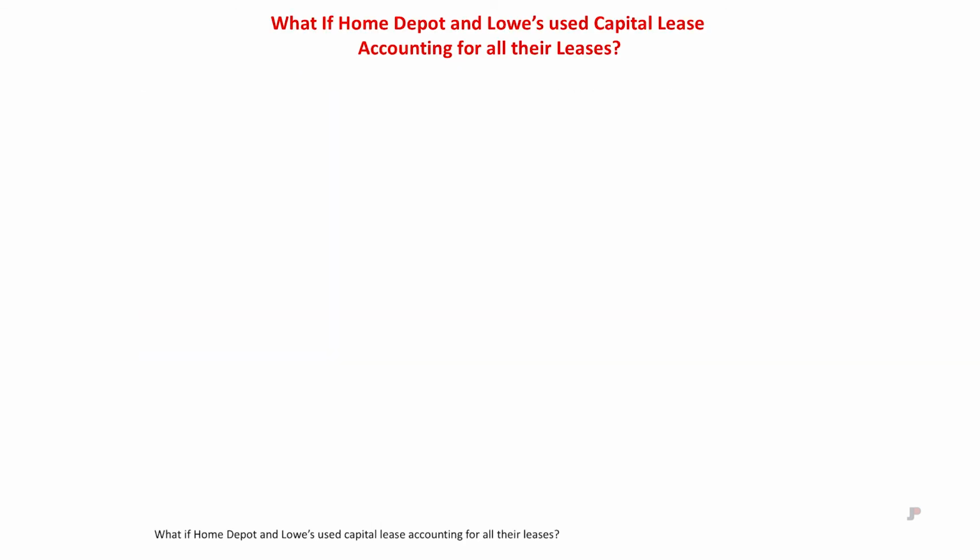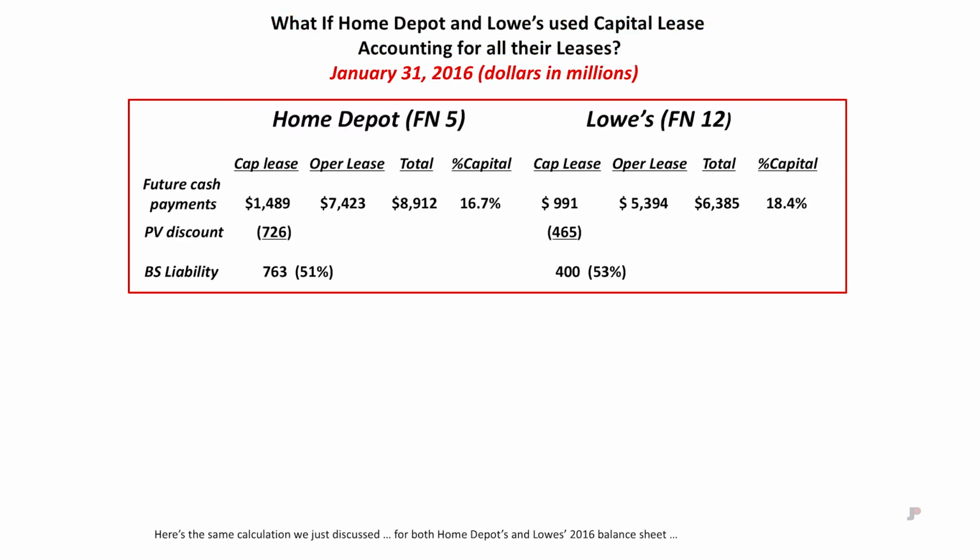What if Home Depot and Lowe's use capital lease accounting for all their leases? Here's the same calculation we just discussed for both Home Depot's and Lowe's 2016 balance sheet, taken from Home Depot's footnote 5, which we just analyzed, and from Lowe's footnote 12, which contain the same kind of disclosures. You can see that Home Depot capitalizes 16.7% of its leases, while Lowe's capitalizes a bit more, 18.4% of its leases.